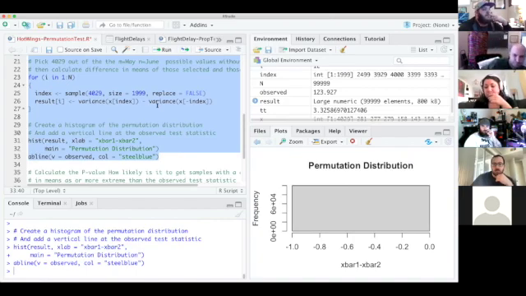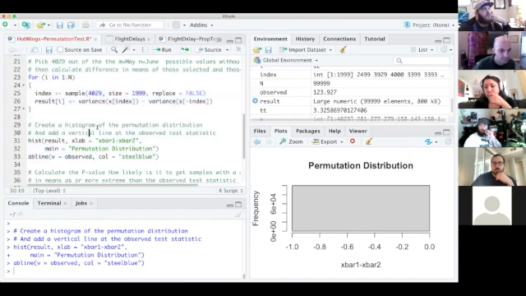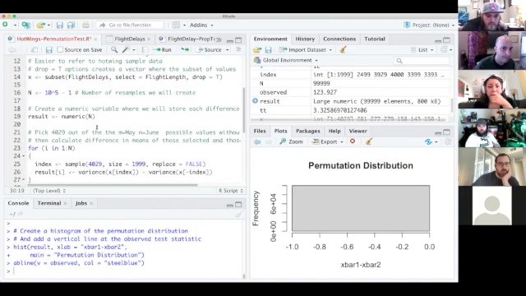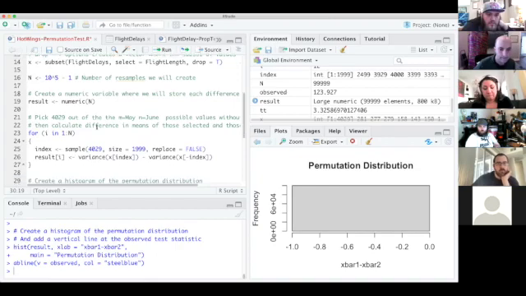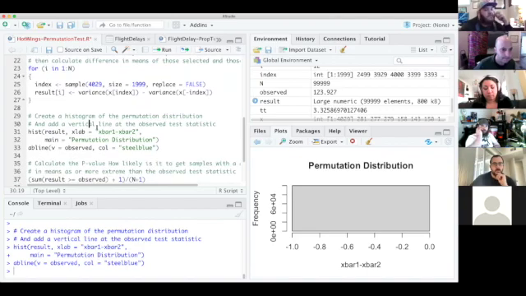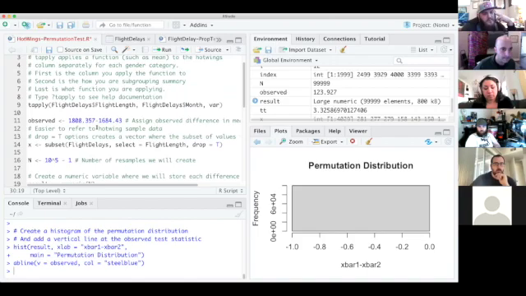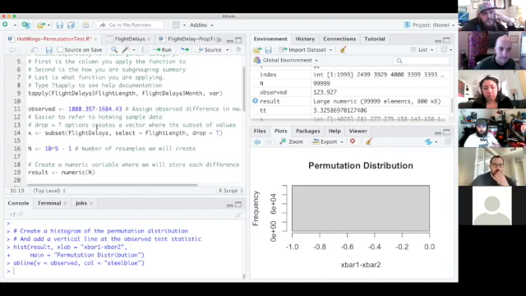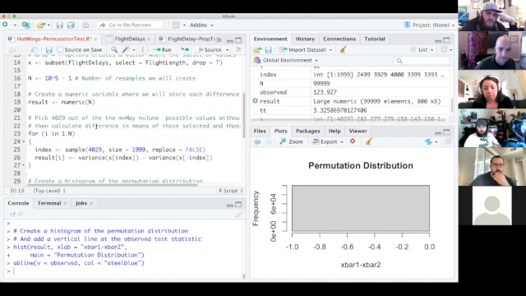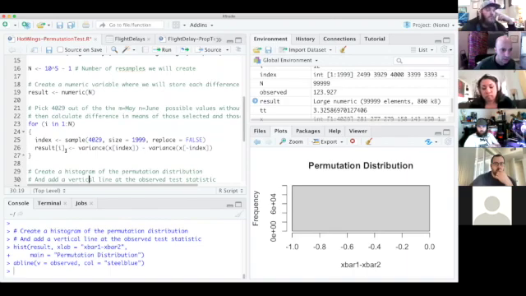Well, that does not look good. What happened here? Let's see.